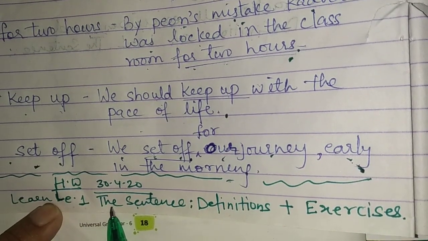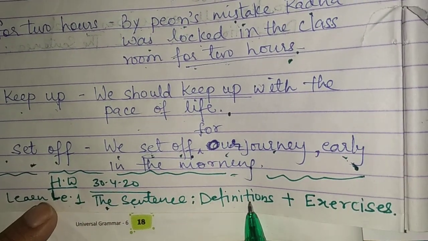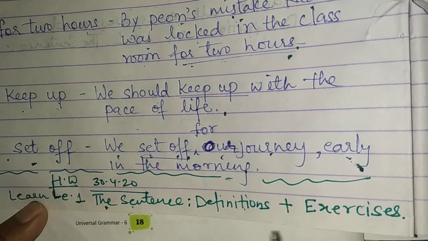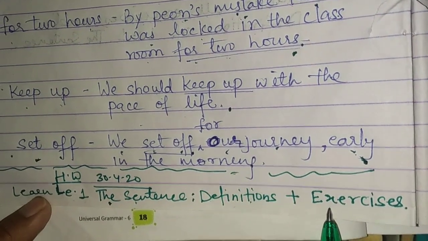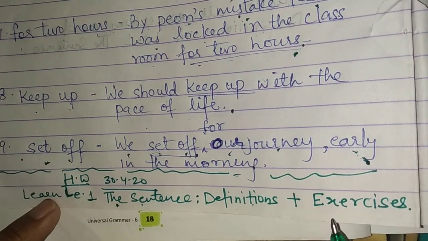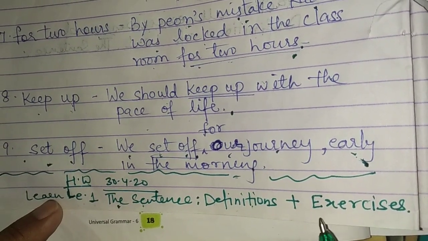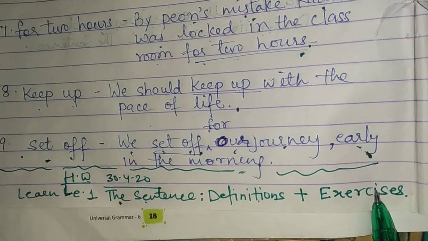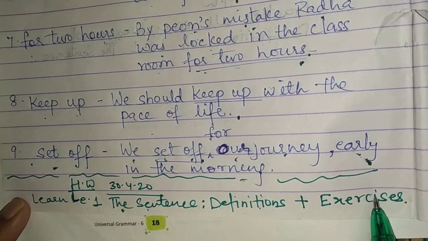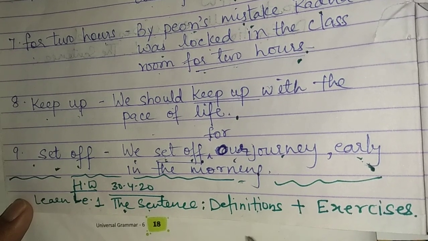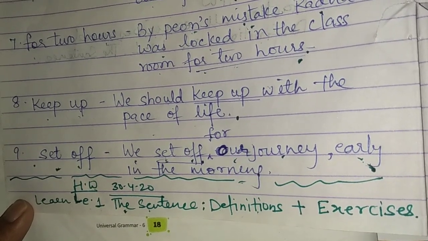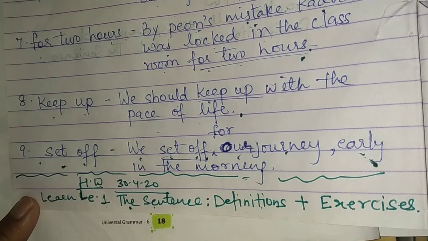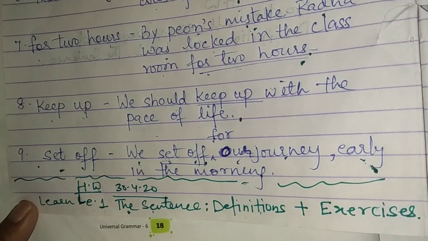You have to prepare definitions of the sentence, subject and predicate, plus all the exercises of your book, which I have done for revision also. Clear? So be prepared for your test that will be held tomorrow. The English test will be held tomorrow at 8 a.m. So students, be prepared for that. Thank you, students.